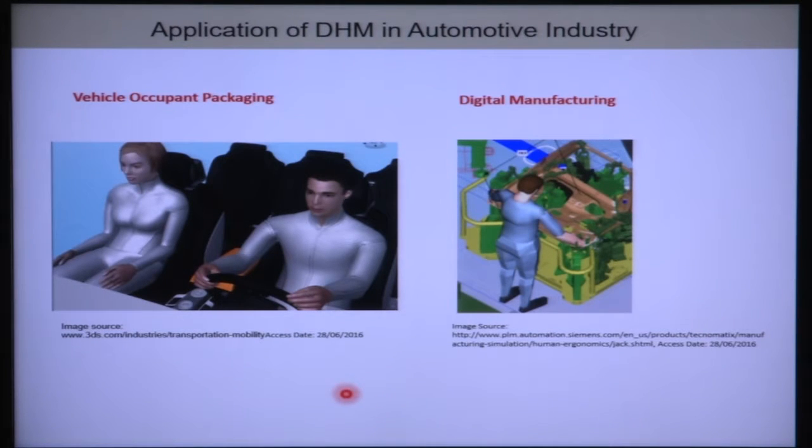In the automotive design process, digital human modeling software is used for vehicle occupant packaging, meaning how the driver cabin or passenger cabin can be designed as per requirement, ensuring comfort of the driver or passengers. Not only for vehicle occupant packaging, it is also used in digital manufacturing, in the automotive manufacturing shop floor.